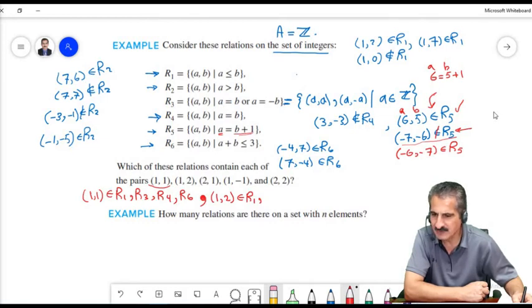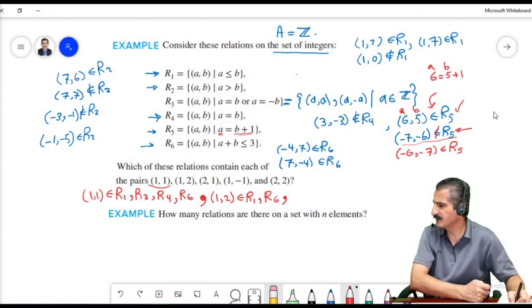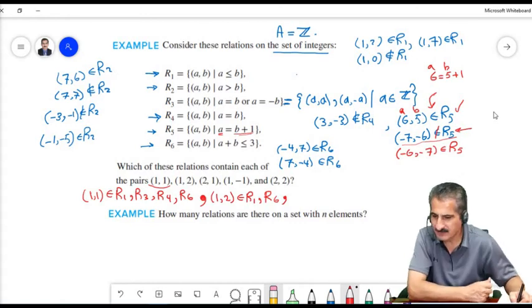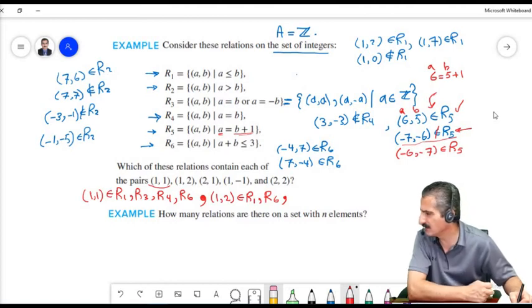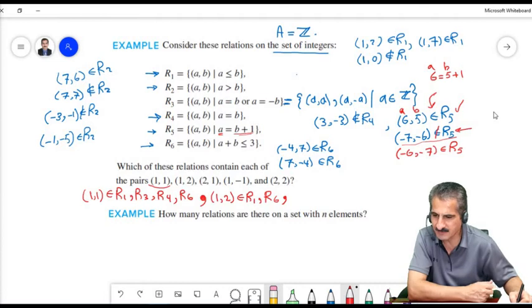No. And to R5 it does not belong because 1 is not 2 plus 1. And to R6, it belongs, because 1 plus 2 is less than or equal to 3. So do you agree with that? R1 and R6.